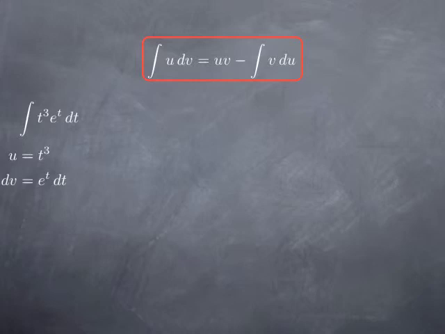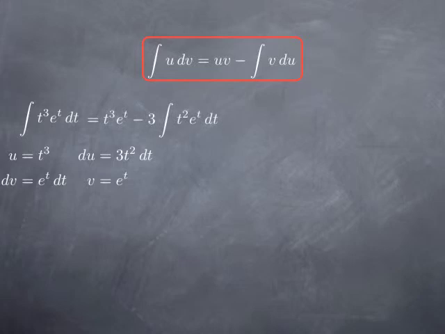Applying the integration by parts formula, we obtain uv, which is t cubed e to the t, minus integral of v du, that's e to the t times 3t squared dt, so we obtain minus 3 integral of t squared e to the t dt.